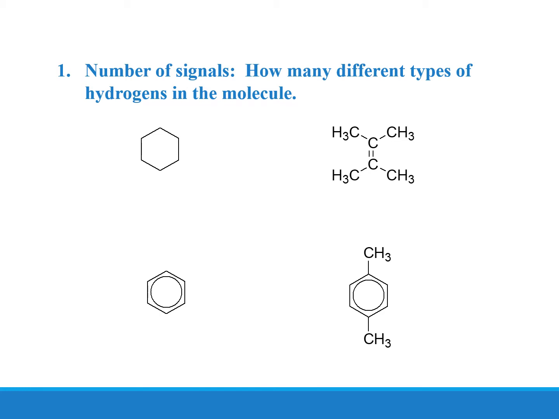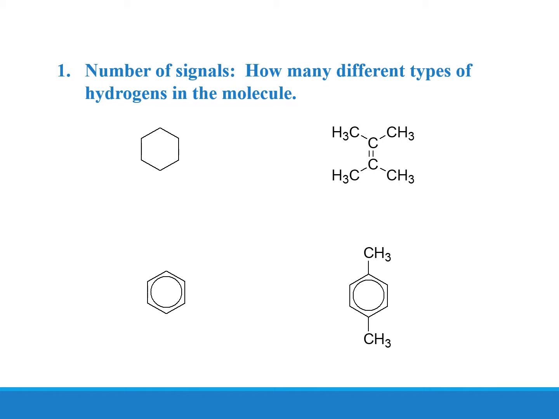So they will have a single peak in NMR spectroscopy. Similarly, in benzene, all the hydrogen atoms have the same environment. As a result, they will have a single peak in the proton NMR.